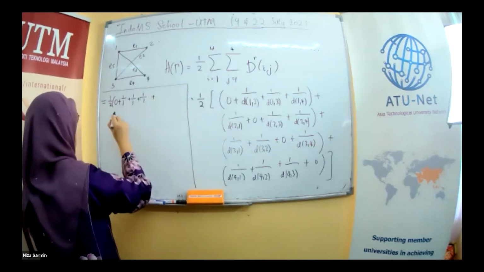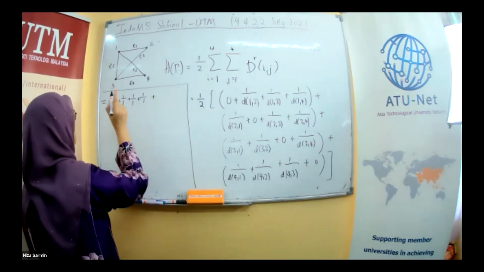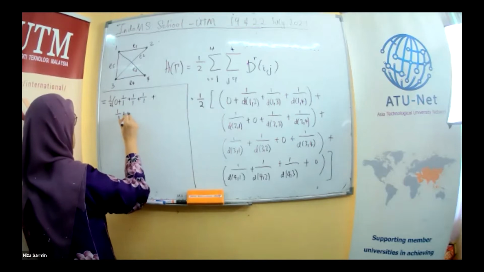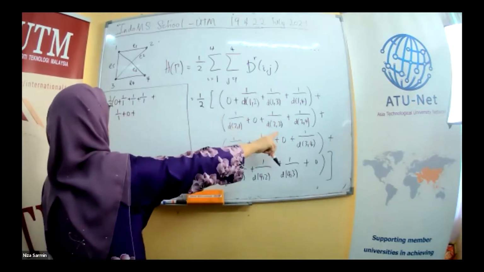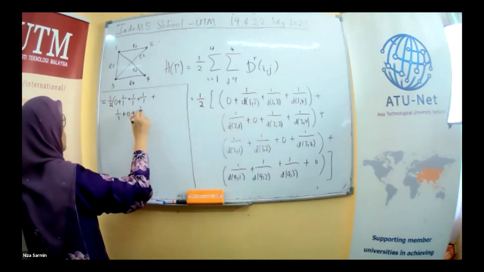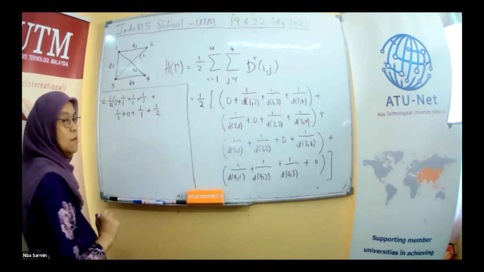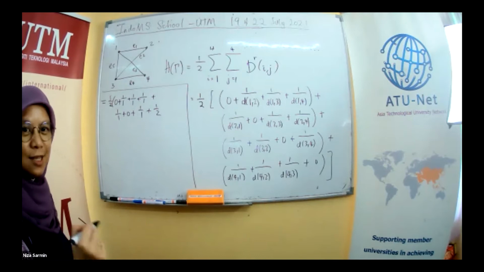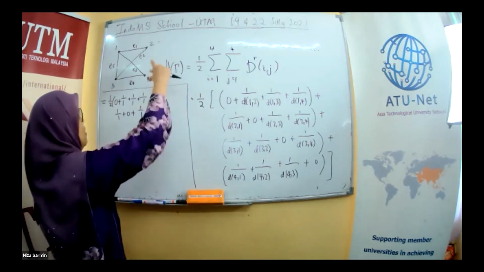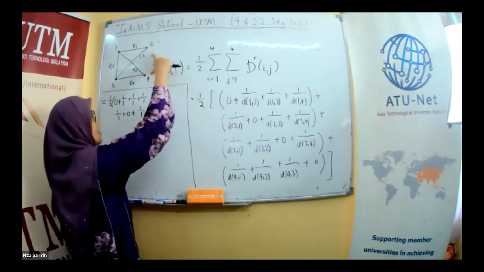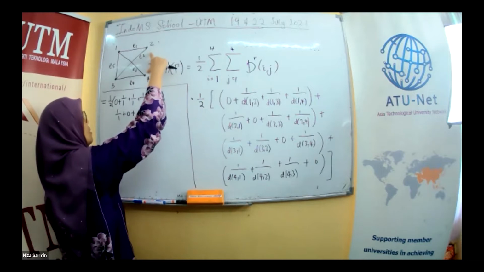Then the second one is 2,1, 0, 2,3 is 1, 2,4 is 2. If it's not connected directly, then it's 2.